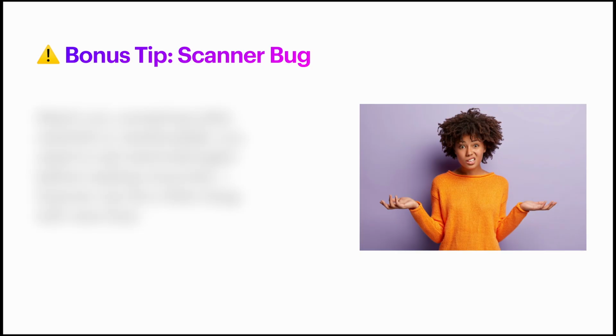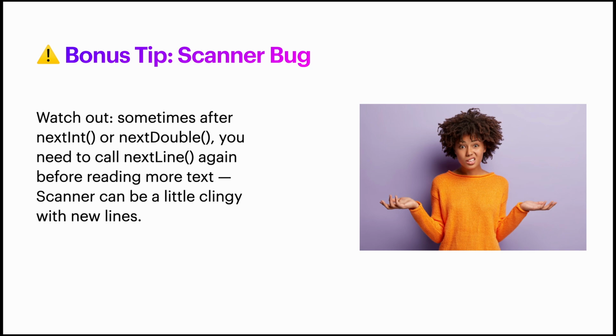Here is a bonus tip. Watch out. Sometimes after nextInt or nextDouble, you need to call nextLine again before reading more text. Scanner can be a little clingy with new lines. So what does this mean? After writing input.nextInt or input.nextDouble, you need to call input.nextLine again before reading more text.